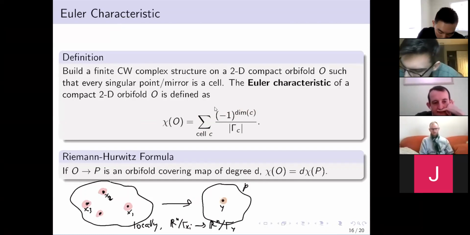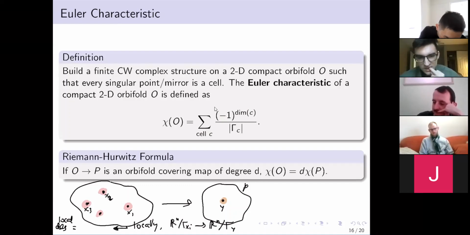And then the degree, the local degree at least, at each xi is literally just the ratio of the orders of the isotropy groups. So the order of gamma y divided by the order of gamma xi.